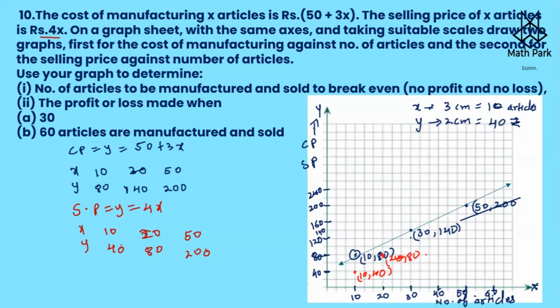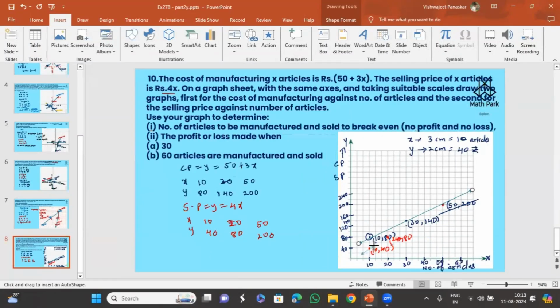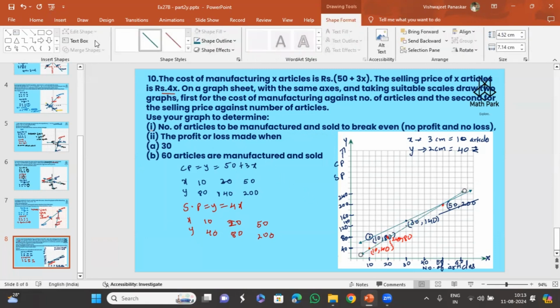And then you have 50 and 200, which is a common point. Let us join these points now. And we are done with the graph for selling price.